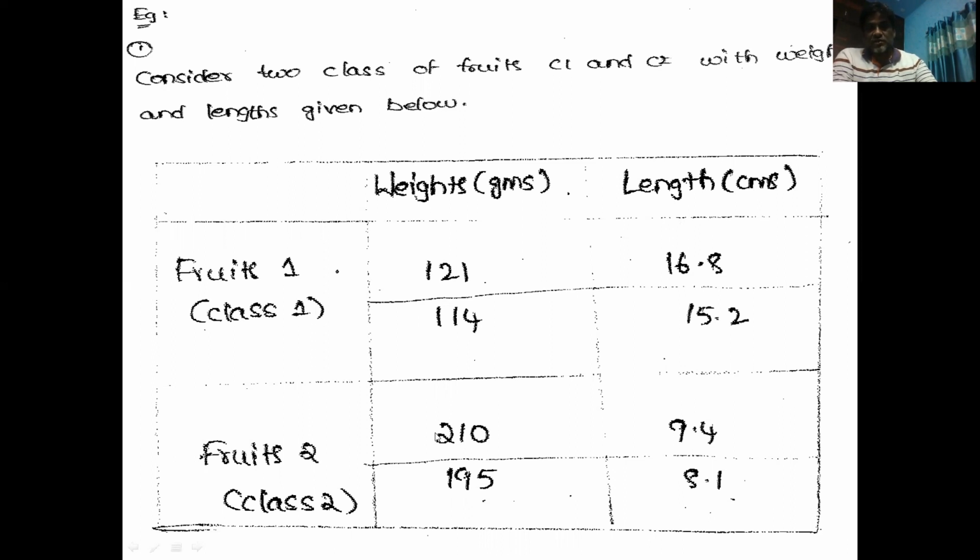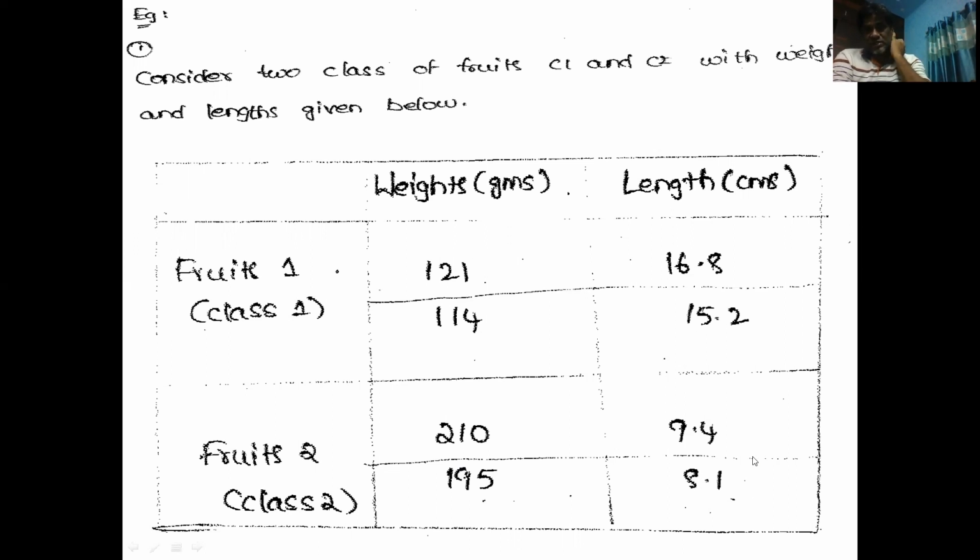Fruit 2 class also has two samples. The first sample is 210 grams weight and 9.4 centimeters length. The second sample is 195 grams weight and 8.1 centimeters in length.